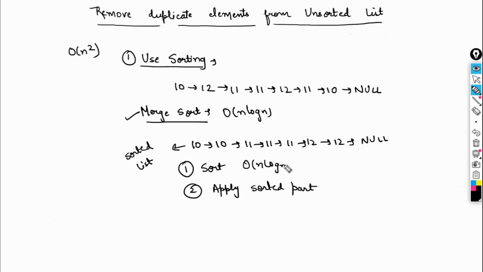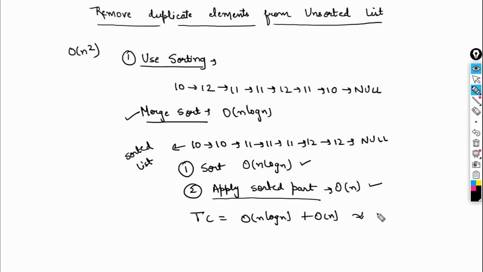And for this part, I think it was O(n), if you remember. So it is taking O(n log n) time, and O(n) time. The effective time complexity will be O(n log n) plus O(n), which we can effectively say is O(n log n).